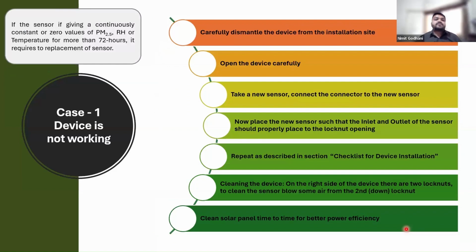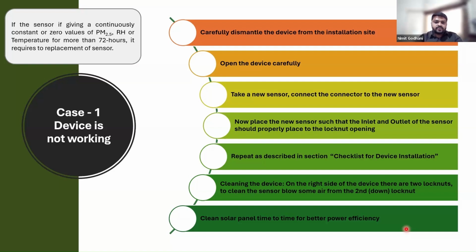Suppose we have categorized these sensors into three cases. If the device is not working, we dismantle the device, take a new sensor, connect the sensor to the device, and place the new sensor. The inlet and outlet of the sensor should be properly placed, with the lock nut opening, and we repeat the checklist for device installation I showed earlier, and clean the device.